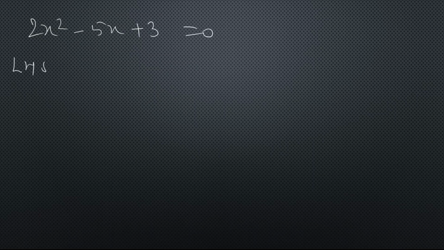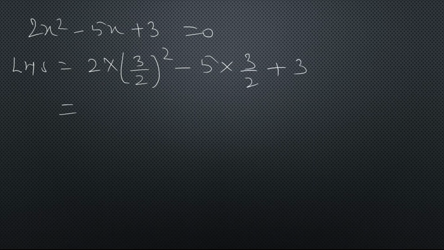So LHS is equal to 2 into 3 by 2 whole square minus 5 into 3 by 2 plus 3. So what will it become? 2 into 9 divided by 4 minus 15 divided by 2 plus 3.